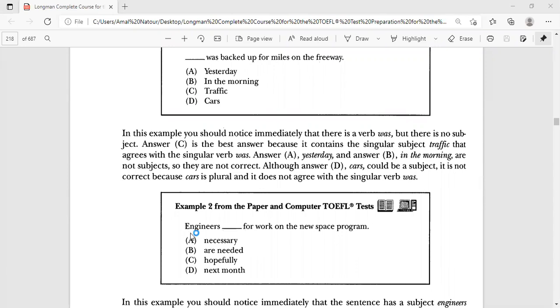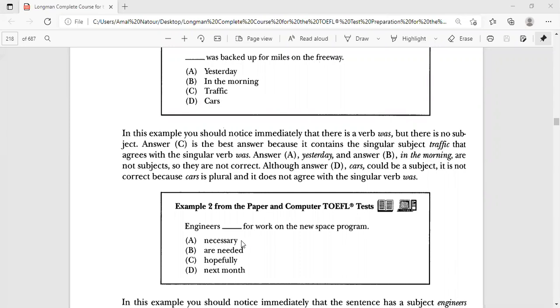I then go to the choices and see which one of these is possible to make the sentence right. I first start with necessary. Is necessary the right choice?